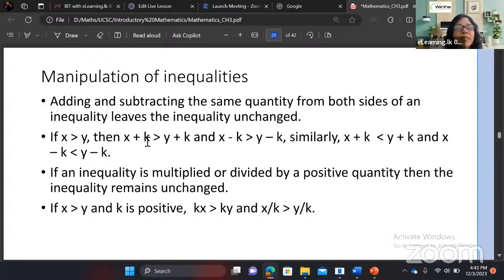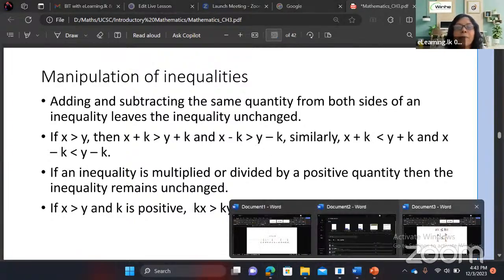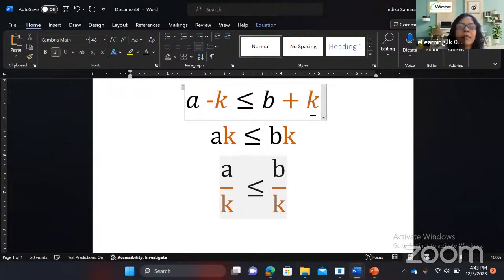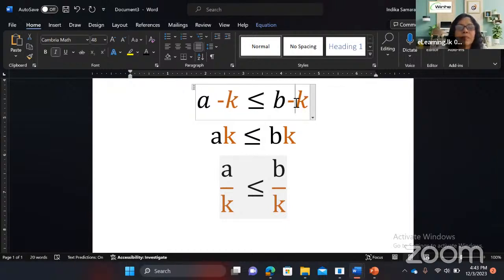Here also it is showing if x is greater than y, then x plus k is greater than y plus k, and x minus k is also greater. Here also you can see if it is minus, the inequality sign on both sides will not change.